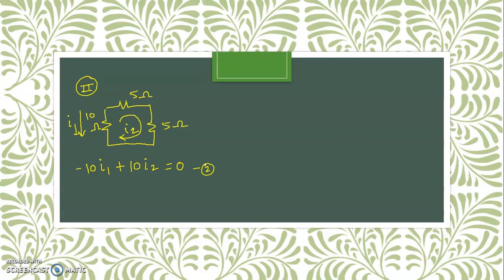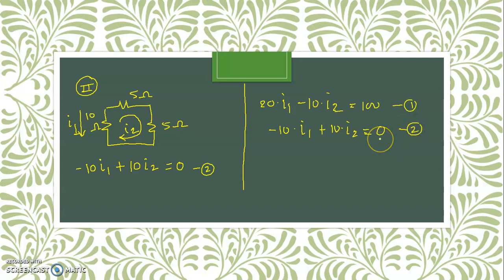Now you can solve these two expressions. 20 I1 minus 10 I2 equal to 100, and minus 10 I1 plus 20 I2 equal to 0. You can solve these two expressions simultaneously to get the values for I1 and I2.